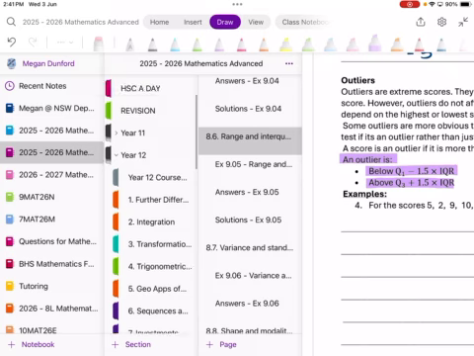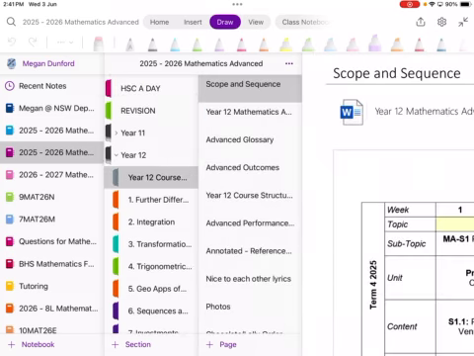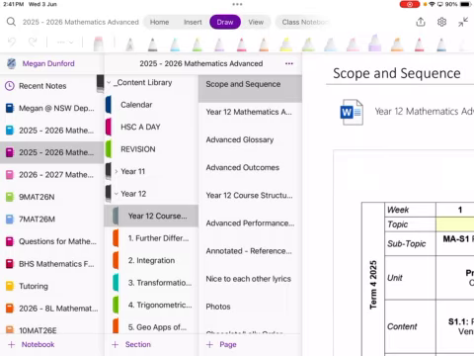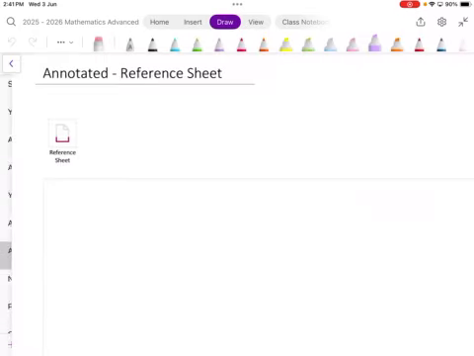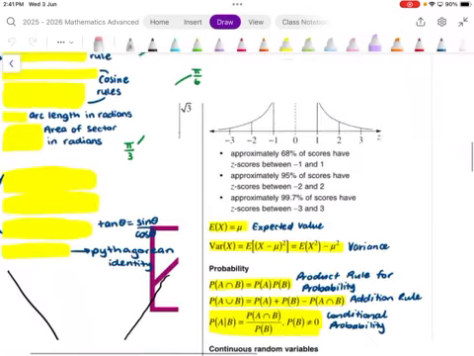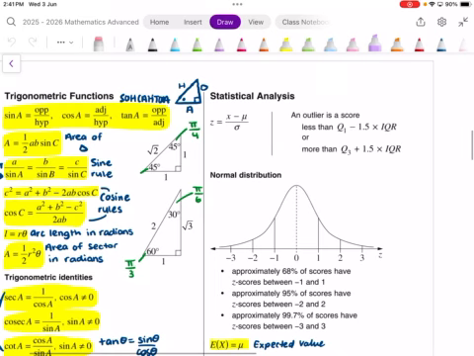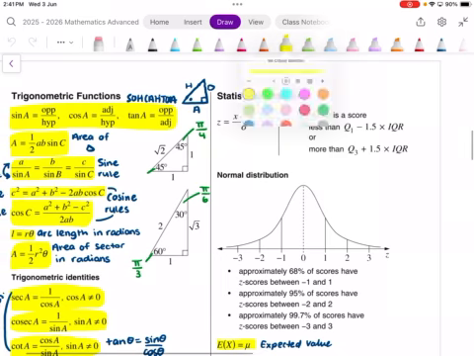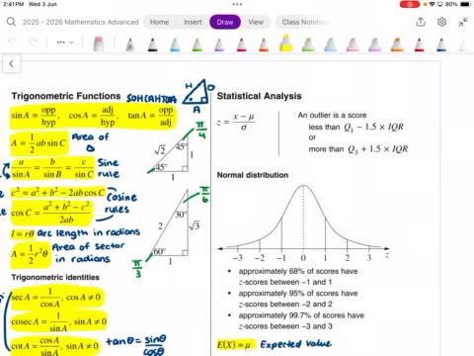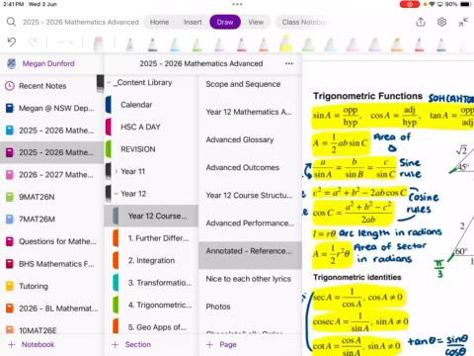The reason why I keep saying that's good news is because on your reference sheet on page 2, there is that information about outliers right on the top. You never have to remember that, you just need to know how to use it, okay?